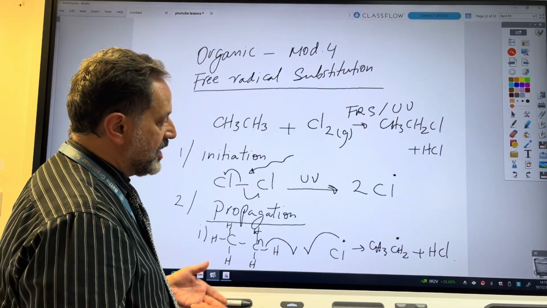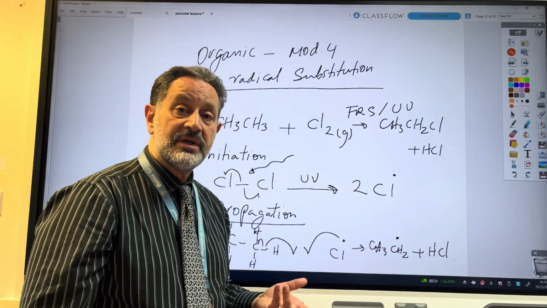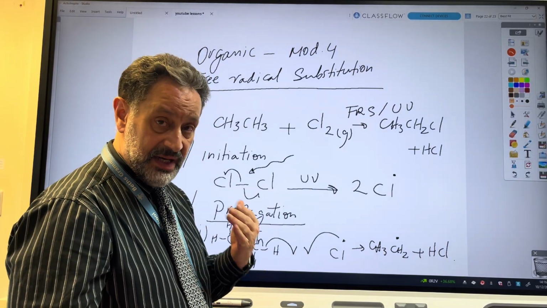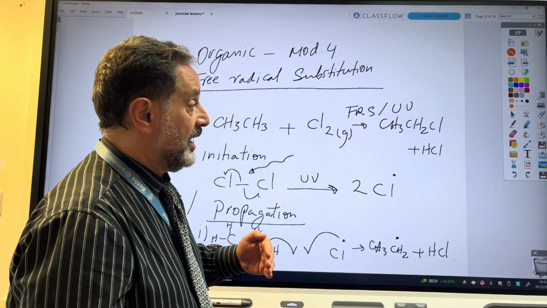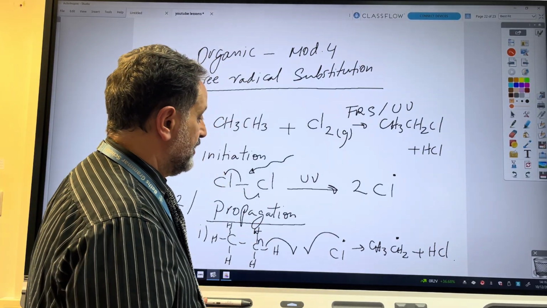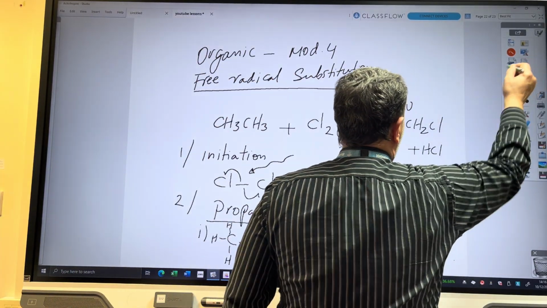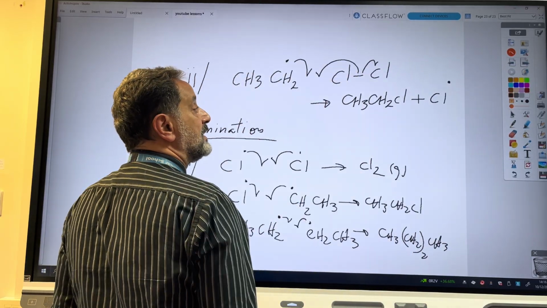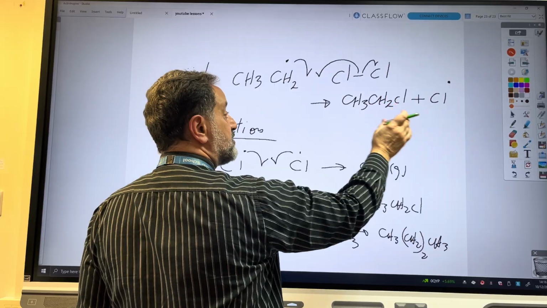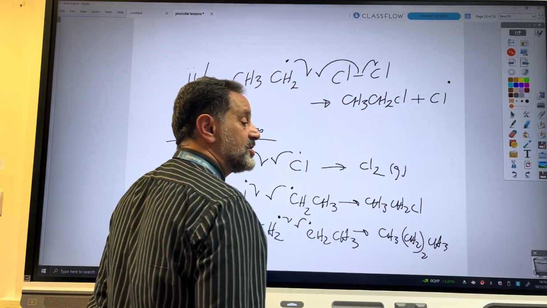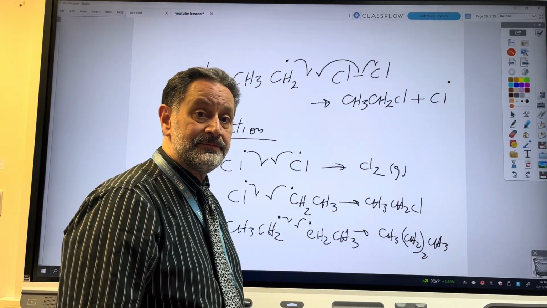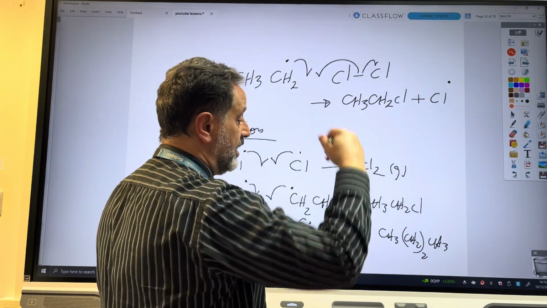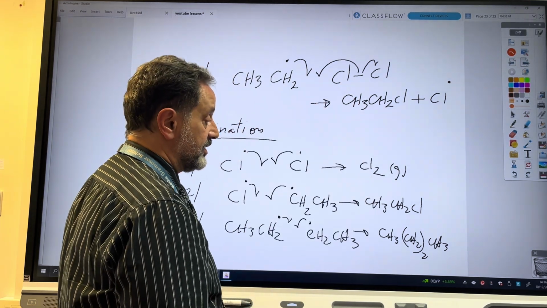And then in propagation, you have to show in steps how the intended product is made, and it's allowed to continue. So for example, in the second step, you can quite easily see that the intended product is made, but results in formation of a chlorine free radical, which is allowed to carry on the reaction.